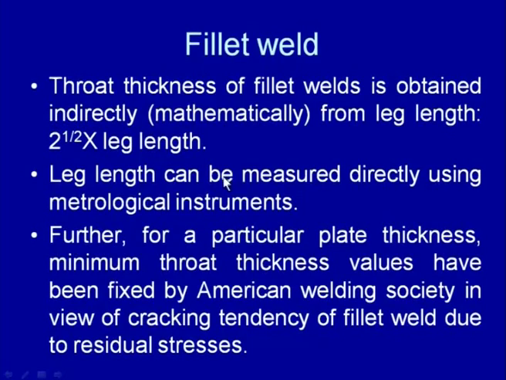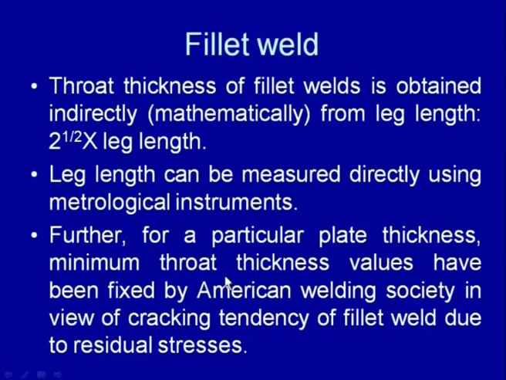The leg length can be measured directly using suitable metrological instruments. And further, for a particular plate thickness, minimum throat thickness values have also been fixed by the American Welding Society in view of the cracking tendency of the fillet weld due to residual stress development.